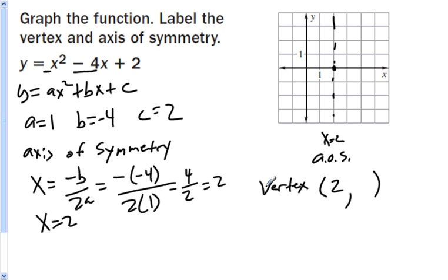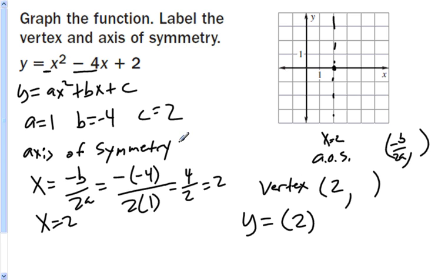So the vertex is a point. Its x coordinate is always the same as the axis of symmetry, negative b divided by 2a. But we've already calculated negative b divided by 2a, so we know the x coordinate is 2. So I've got to figure out what my y coordinate is. To get that value, you go to the original equation, and everywhere you see the x, we're going to substitute in the value of 2.